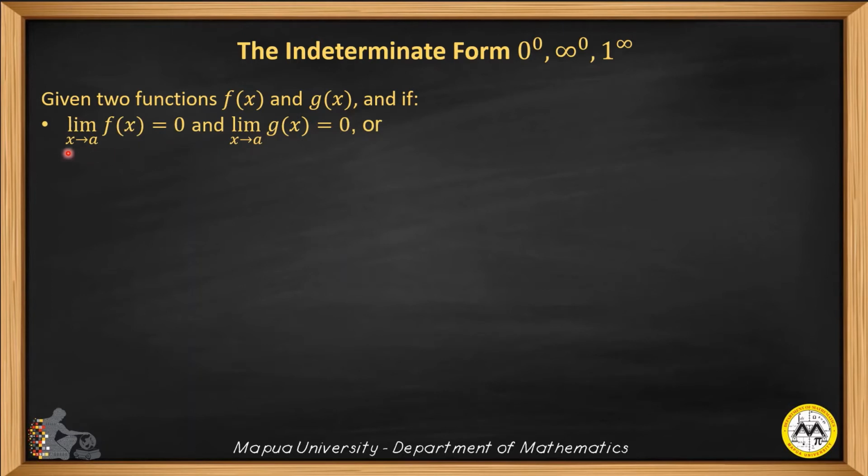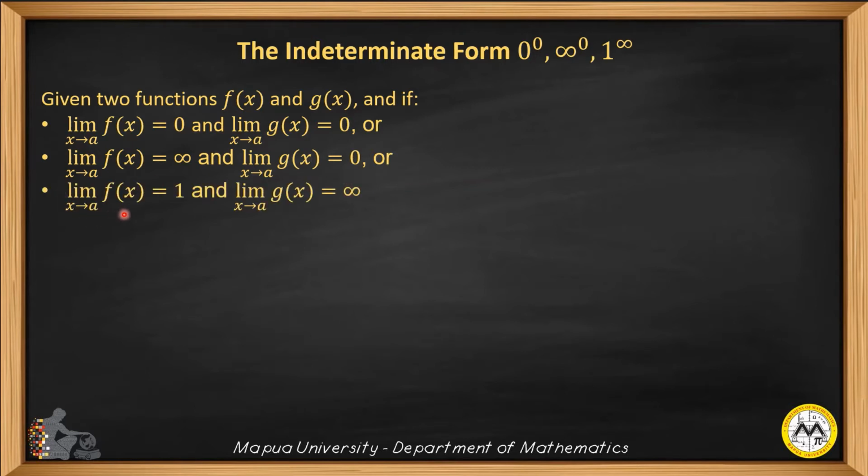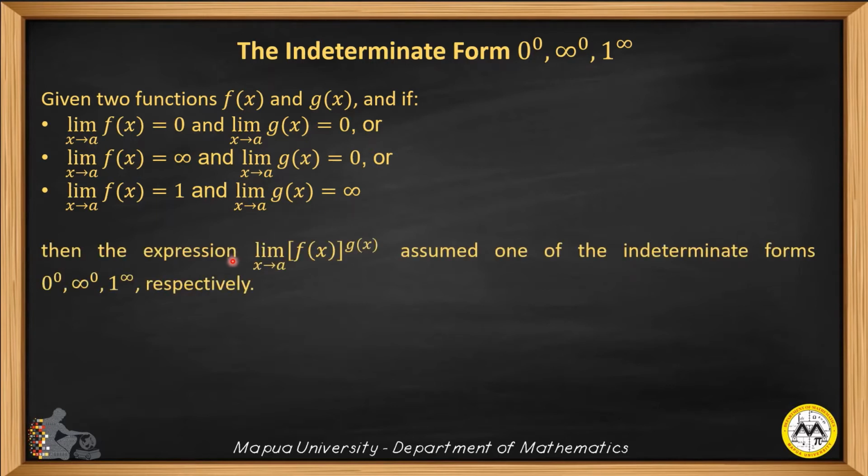If the limit of f of x as x approaches a is 0 and the limit of g of x as x approaches a is 0, or if the limit of f of x as x approaches a increases without bound positively and the limit of g of x as x approaches a is 0, or the limit of f of x as x approaches a is 1 and the limit of g of x as x approaches a is increasing without bound, then the limit of f of x raised to g of x as x approaches a would assume one of the indeterminate power forms: 0 raised to 0, infinity raised to 0, or 1 raised to infinity, respectively.